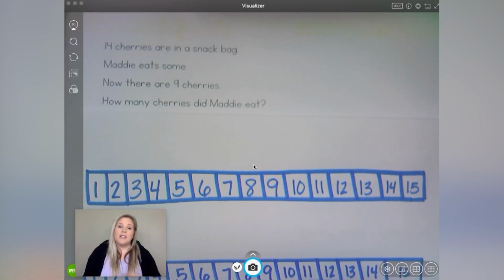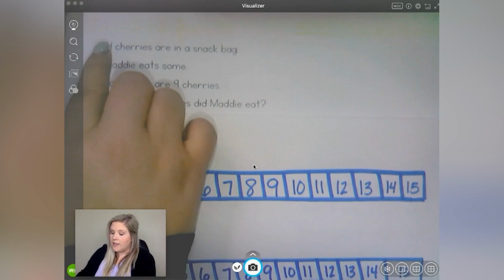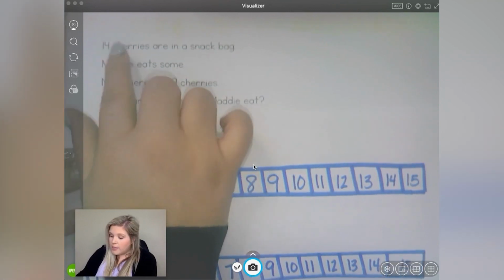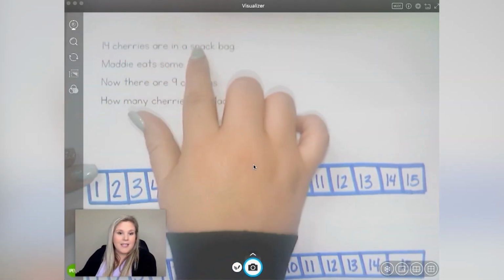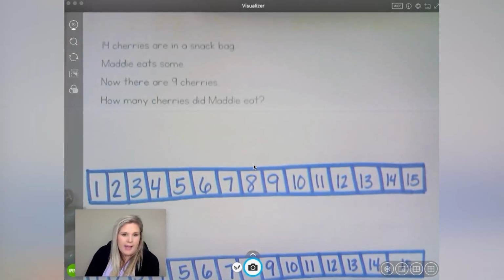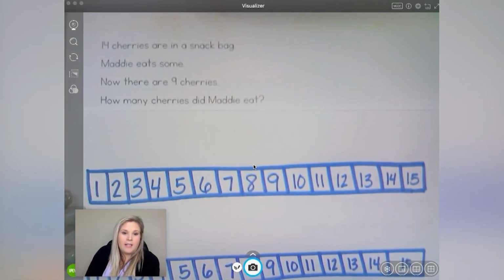Right. She started with 14 cherries, and I know that because I can find it in the first sentence of our problem. 14 cherries are in a snack bag. I'm going to go ahead and begin writing a number sentence, an equation.